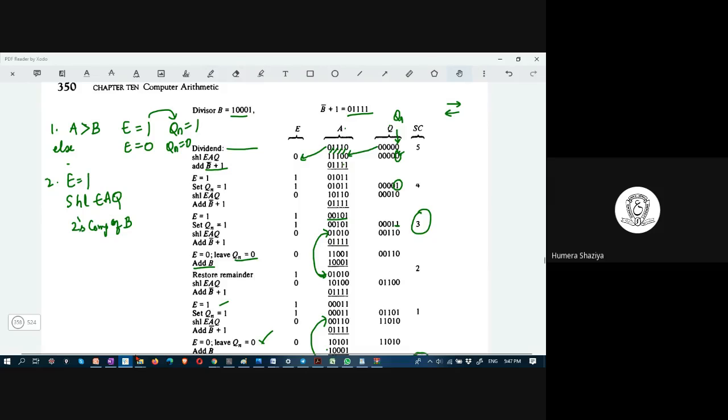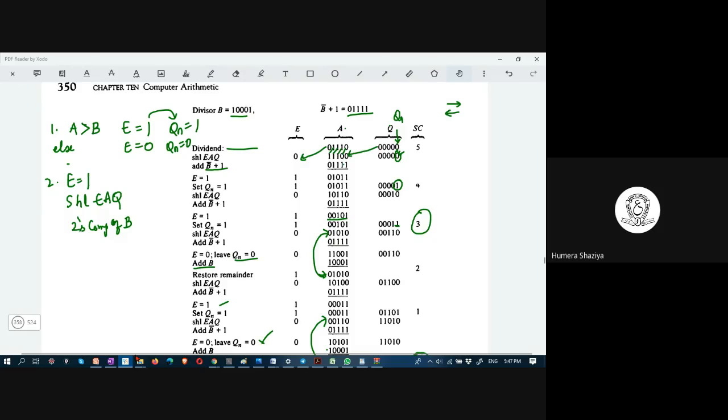Now, because of this shifting, E receives the value 0. Because E received the value 0, 0 is inserted at the Qn position, and the B value, the divisor value, is added to restore the previous result. This is our previous result.